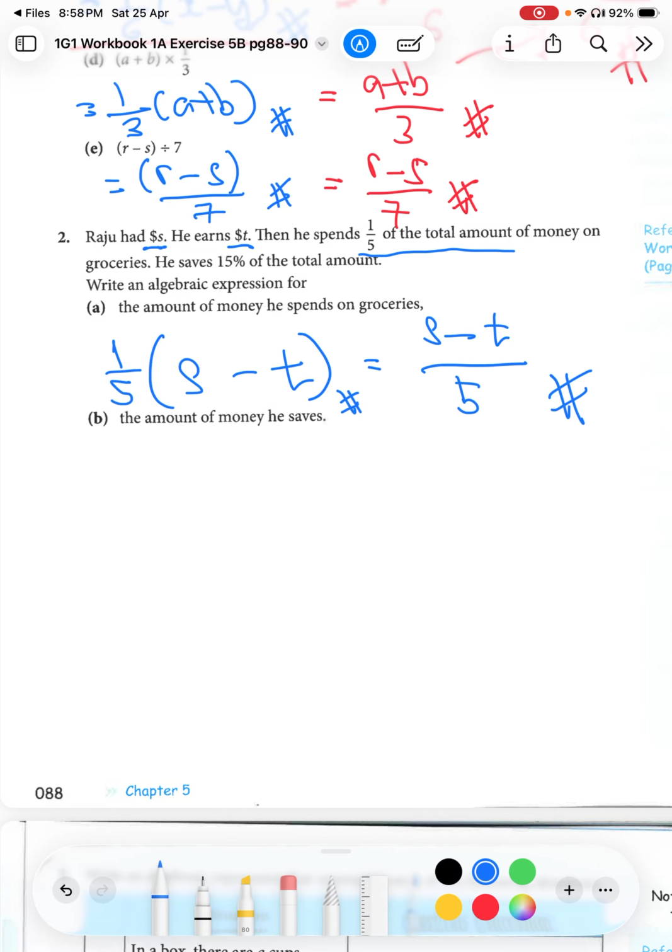Next, part B. He saved 50% of the money. Find the amount of money he saved. He saved 15% of the total amount of money. Okay, S minus T. He saved 15% of this.